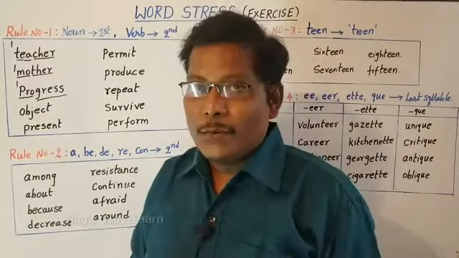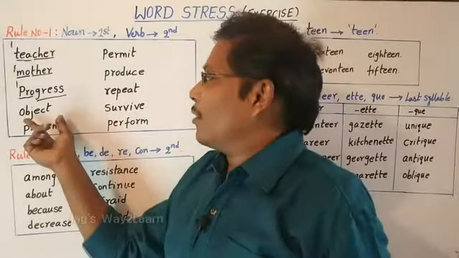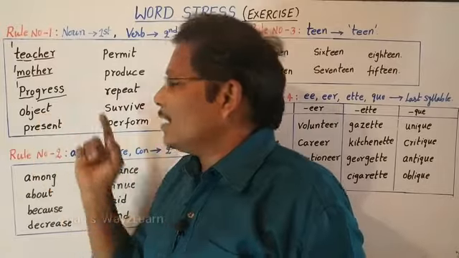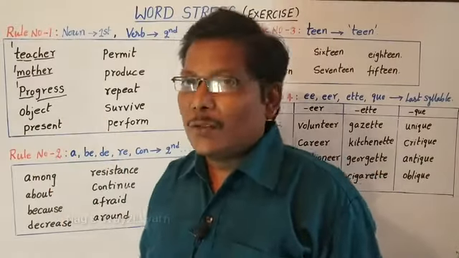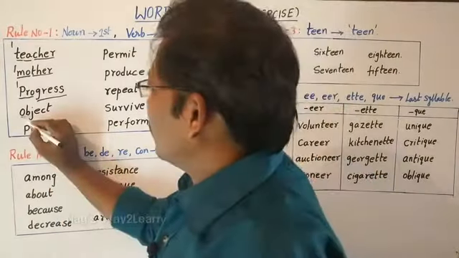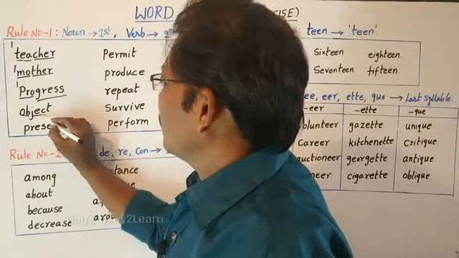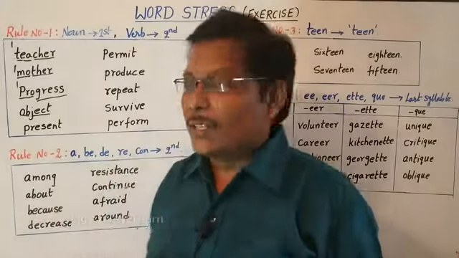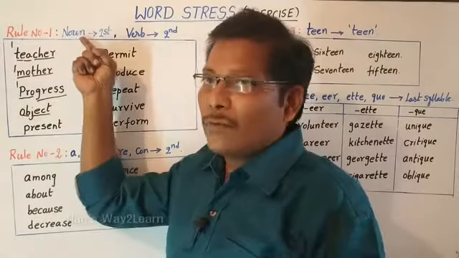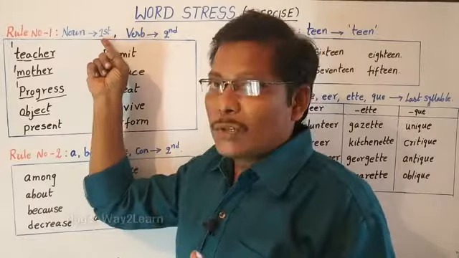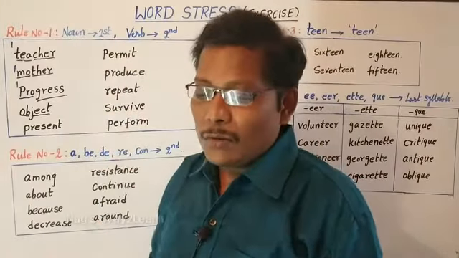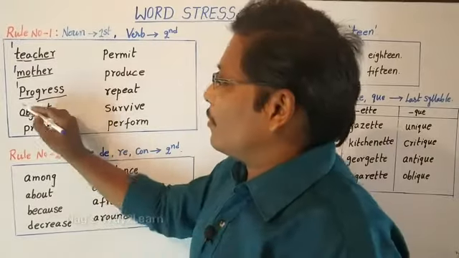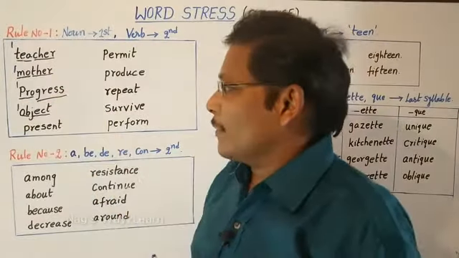Next you see object, O-B-J-E-C-T. Here also there are 2 syllables, ob, first syllable, and ject, second syllable. Object is a noun, so the stress should be on the first syllable. So you put the stress mark on ob.